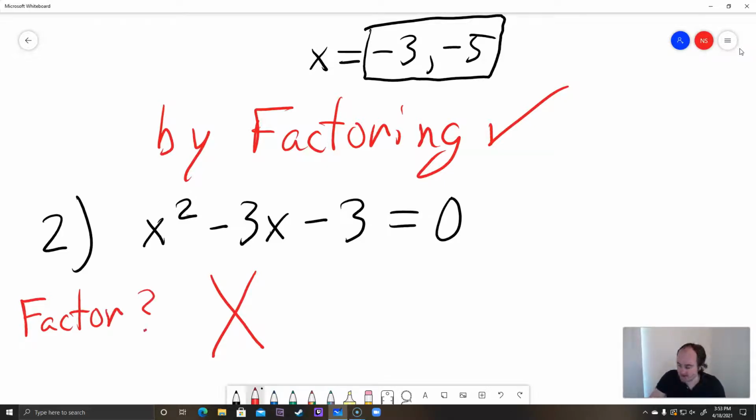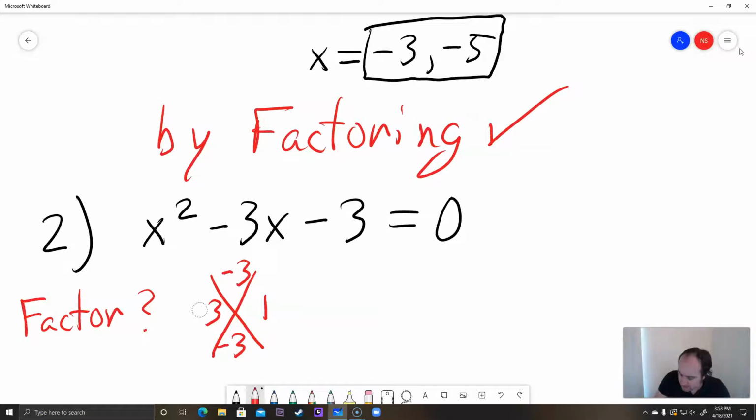Well, we're going to need to have a negative 3 on the top and then a negative 3 on the bottom. And the problem is there's no two numbers that multiply to negative 3 and also add to negative 3. Because if we do negative 3 and positive 1, then they multiply to negative 3, but when you add them you get negative 2.